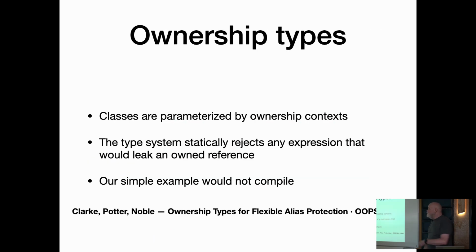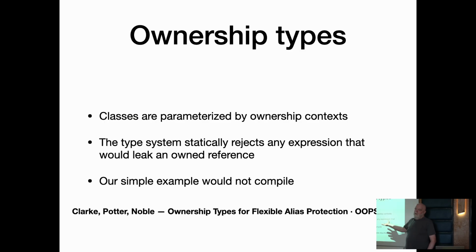And this actually was taken as the idea for a type system that was implemented as a research idea. So it is not implemented like this in a language. It's a bit like parameterized types, so you need to have type definitions where the classes are parameterized by ownership context. And then the type system statically rejects all programs that have a case where I reference an internal object and not the root.